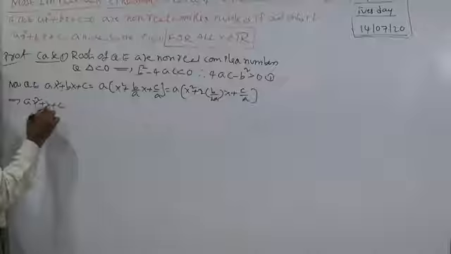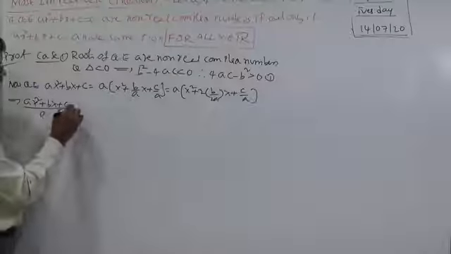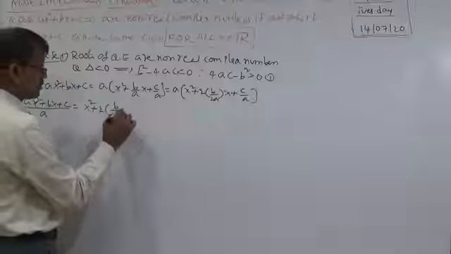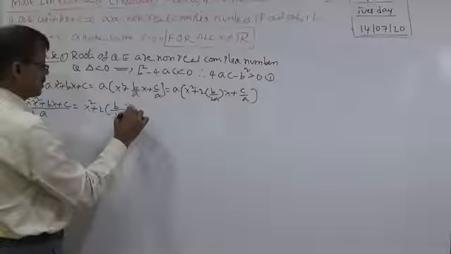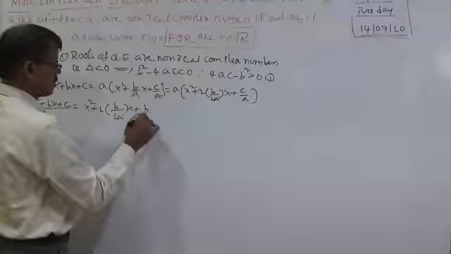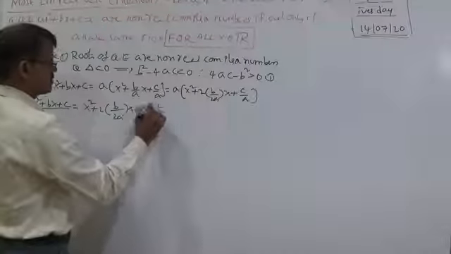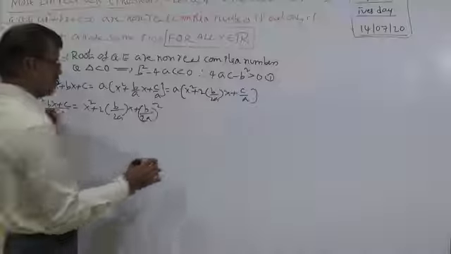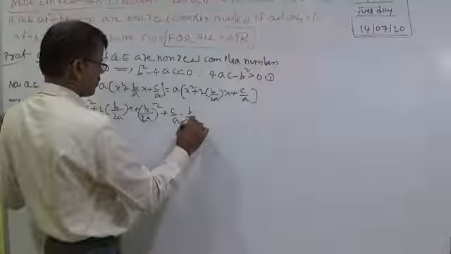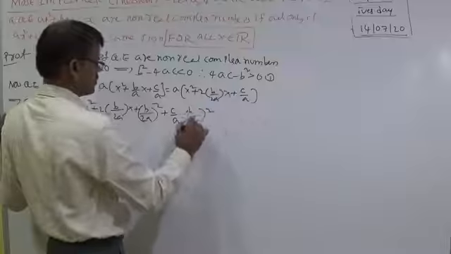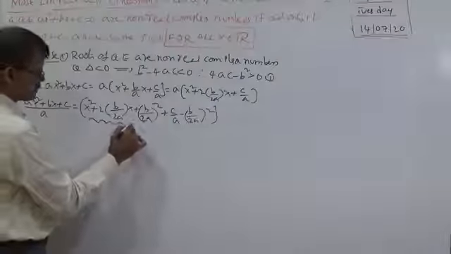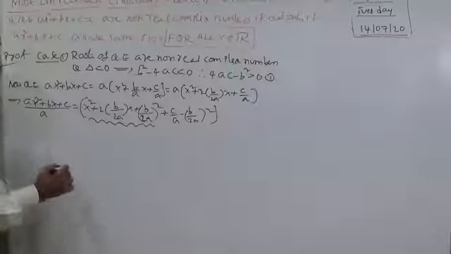It becomes ax square plus bx plus c by a. You can write as x square plus 2 into b by 2a into x plus b by 2a whole square, adding and subtracting b by 2a whole square, plus c by a minus b by 2a whole square. Put a bracket like this. Try to understand the formula.